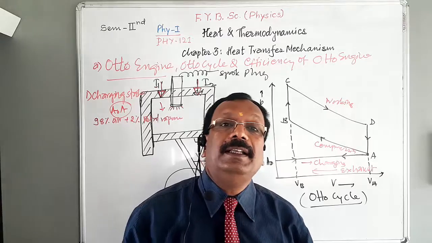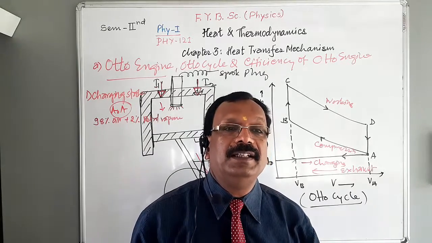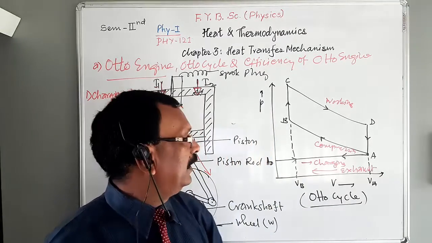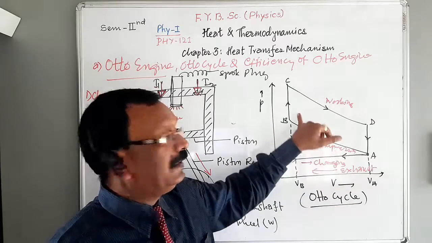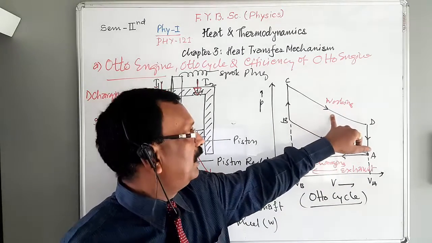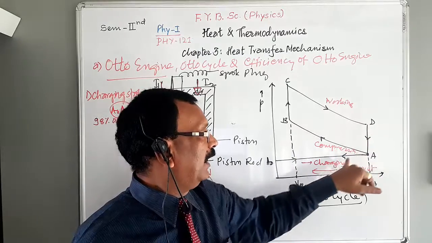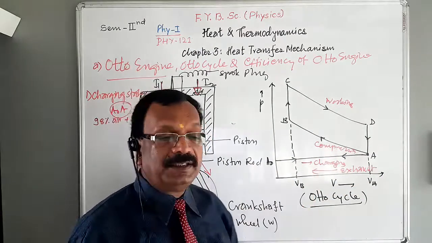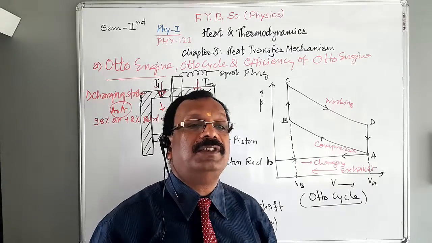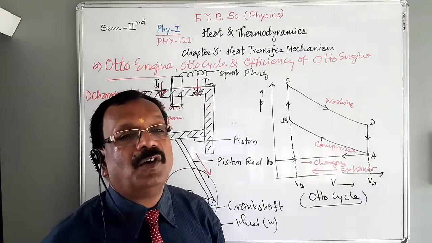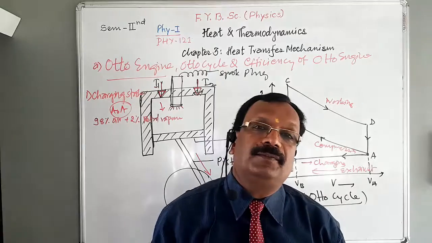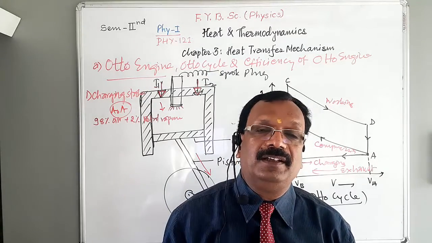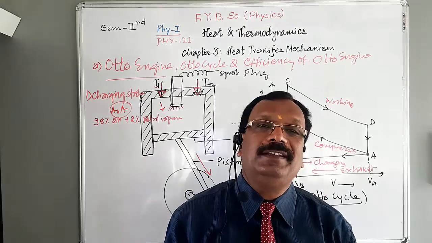So in the next lecture we will study the compression stroke, that is operation number 2 and 3, then the working stroke, operation number 4 and 5, and then the last one, the exhaust stroke, that is operation 6. After that we will also study the efficiency of Otto engine. Till then we shall stop here. Have a good day. Thank you.